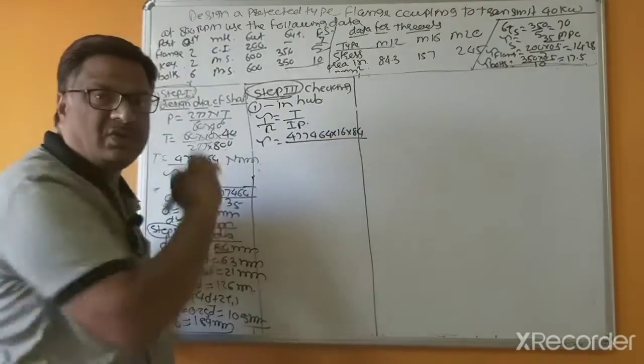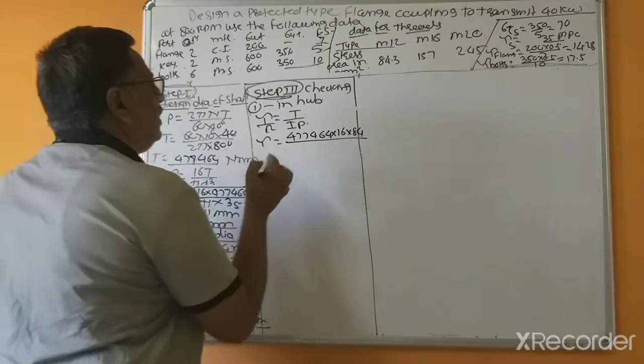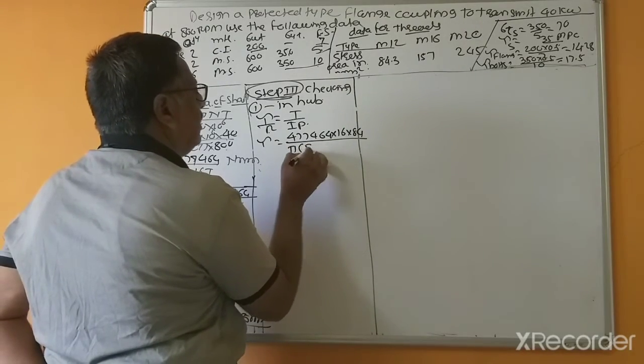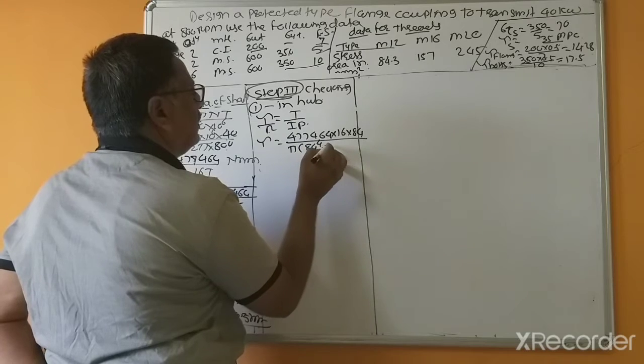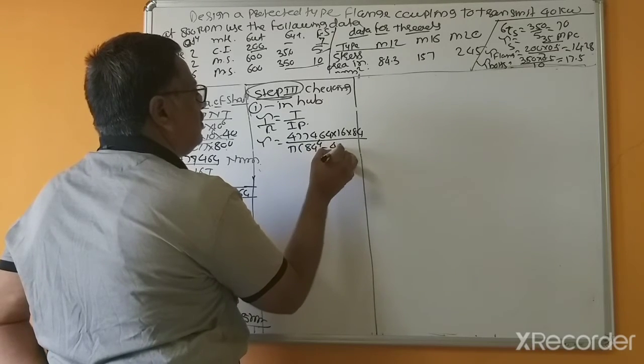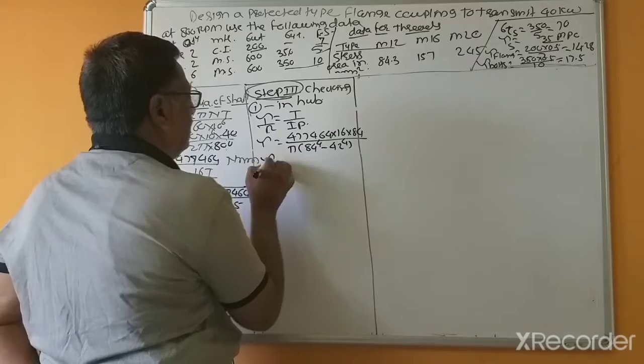Now you can check this, divided by pi, 84 raised to 4 minus 42 raised to 4.